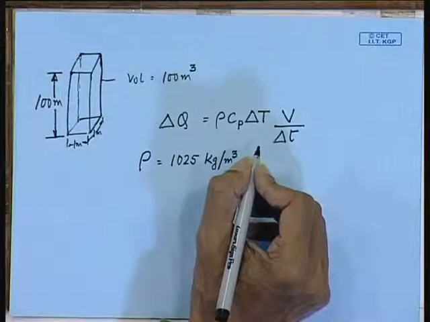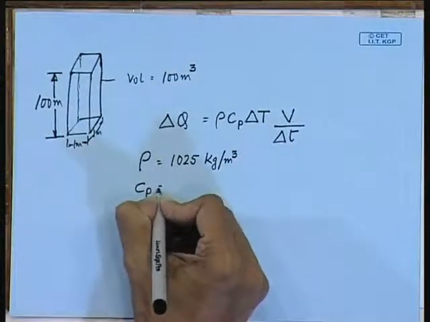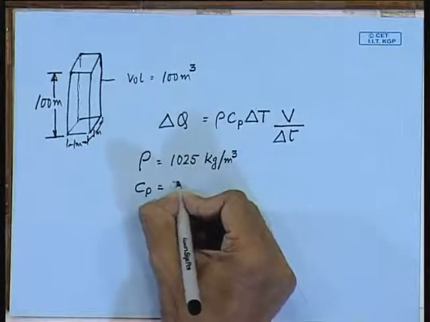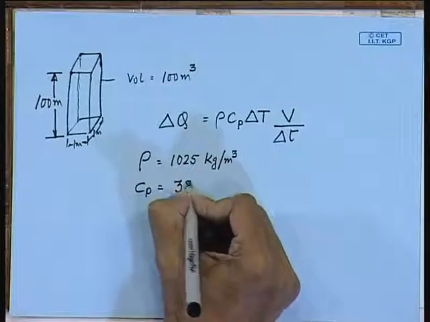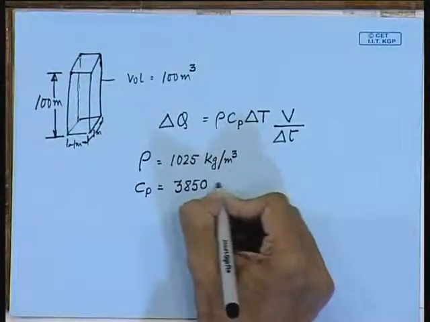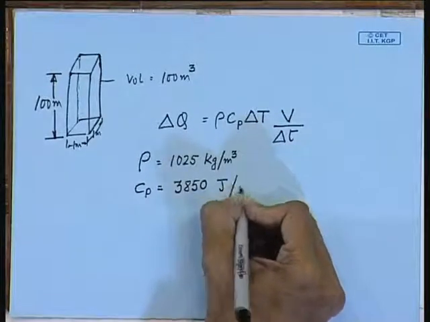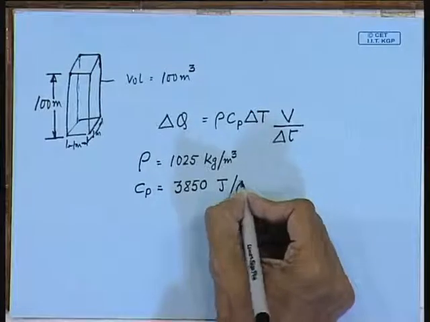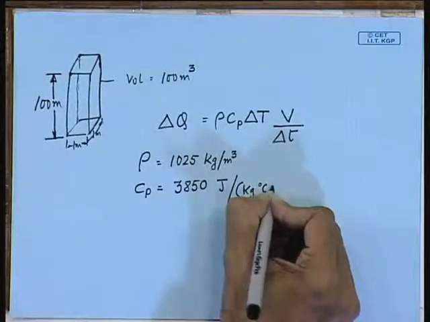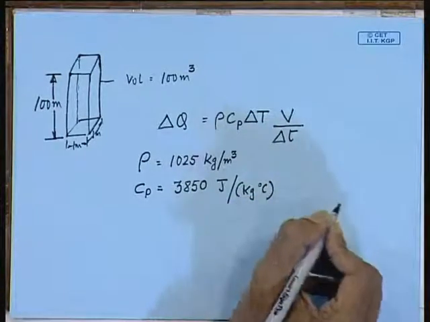And the specific heat, that is Cp, is given as 3850. So this is your 3000 joules. This is given in joules per kg degree centigrade. Now your equation is dimensionally right or wrong? You first check that.